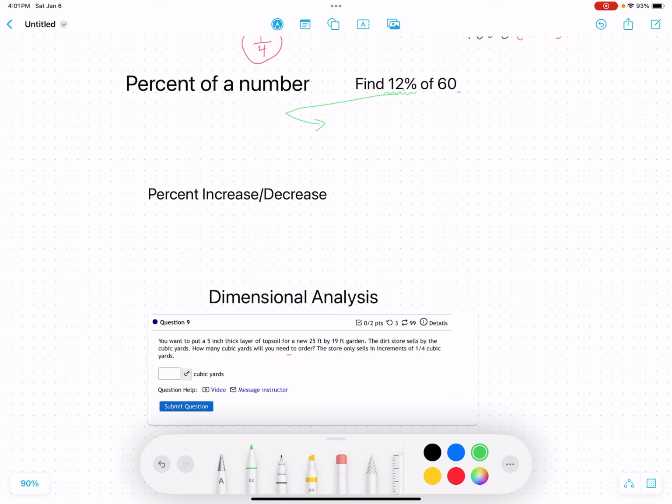Remember how I do that? 2 places to the left. Then all you have to do is multiply by your number. So if I want 12% of 60, I take 0.12 times 60, and that would give me 7.2.